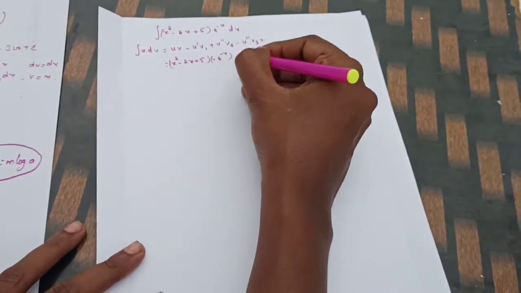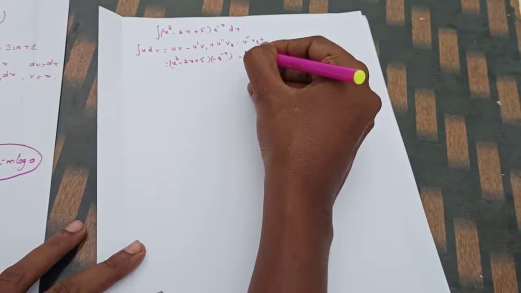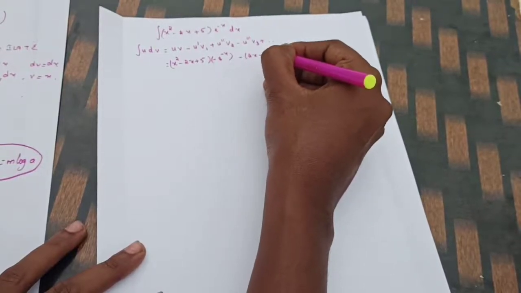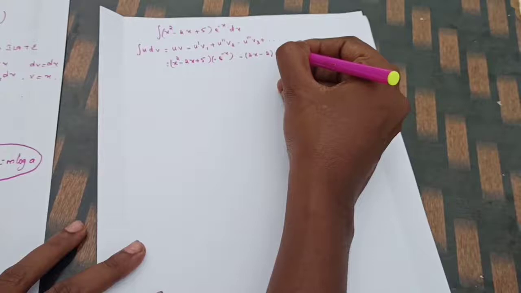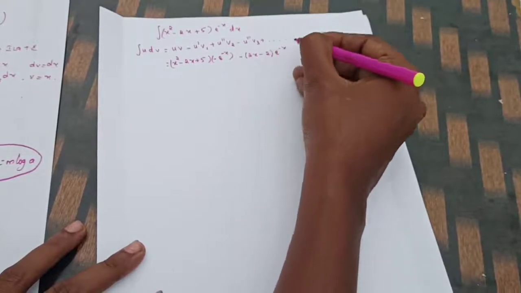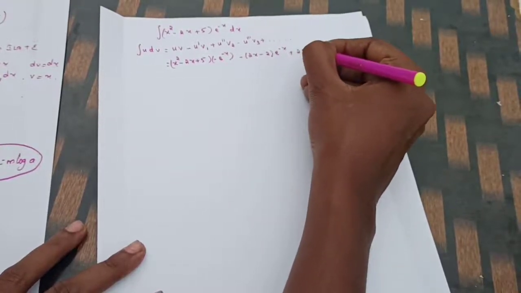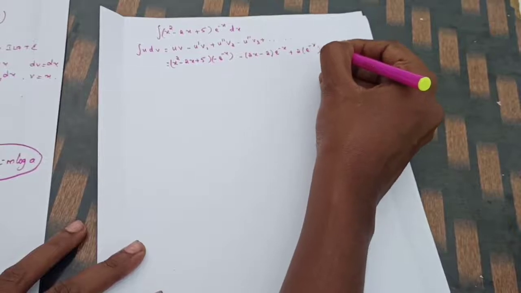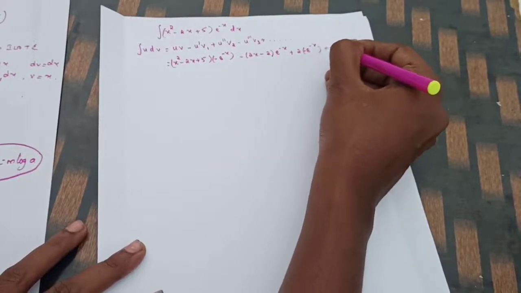Then minus, next u dash value 2x minus 2, times v2 value e power minus x. Then again plus 2 into minus e power minus x, plus c.